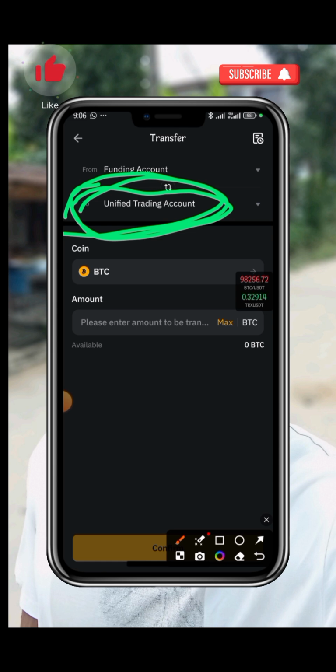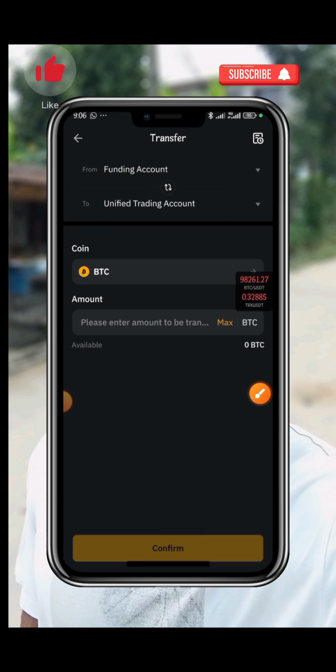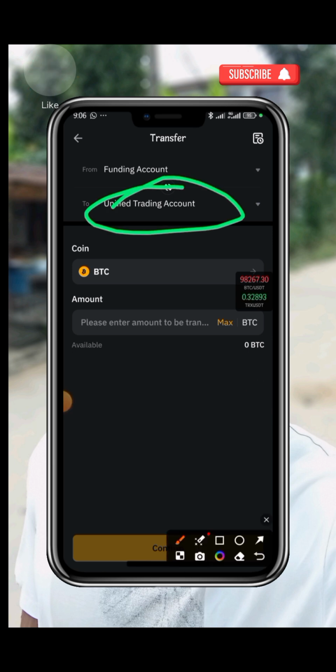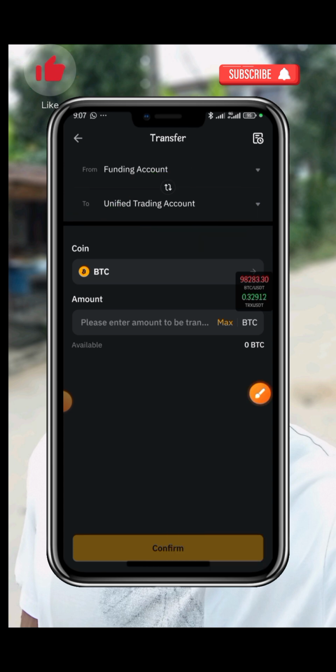Unlike other exchanges where they separate your futures account from your spot account, Bybit has combined both of them into one. That's why it's called unified. Unified trading means your spot, your futures, and your options account. The three of them are combined here, including staking. If you want to stake, if you want to do so many things, it is still under your unified trading account.